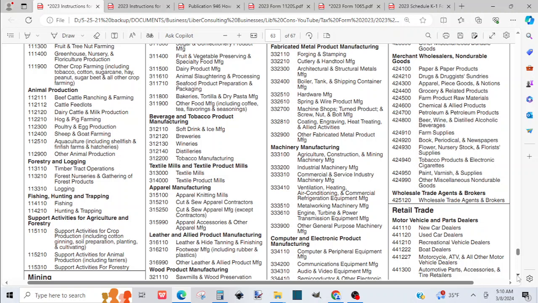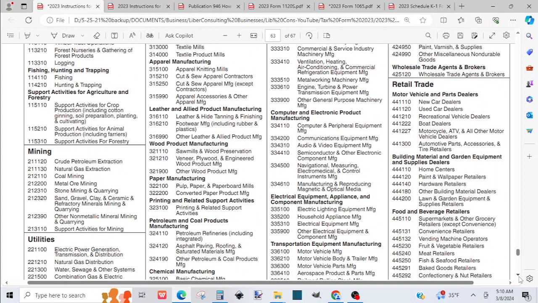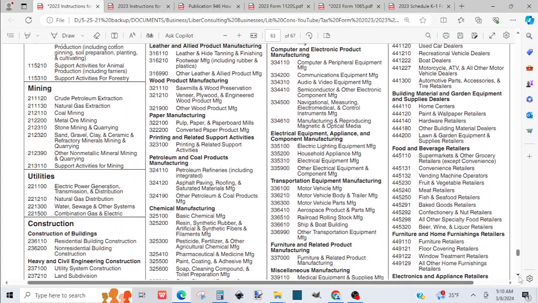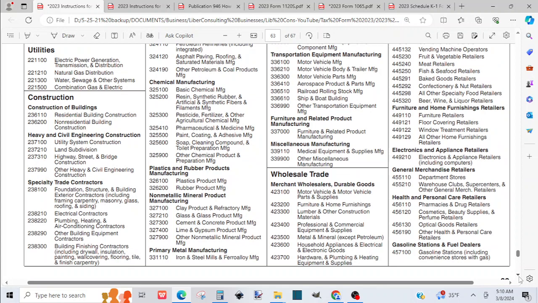So we are going to look for retailer, and I'm seeing retail trade at the left here. Then I'm going to scroll to see home and living, selling household products, handmade products. Make it and sell it is the idea we are going to have, a simple idea to work with.